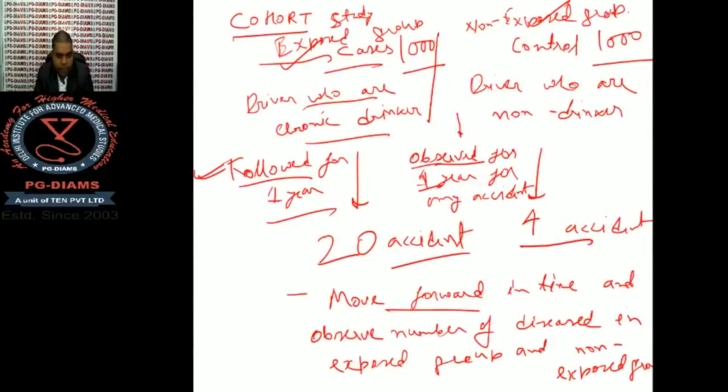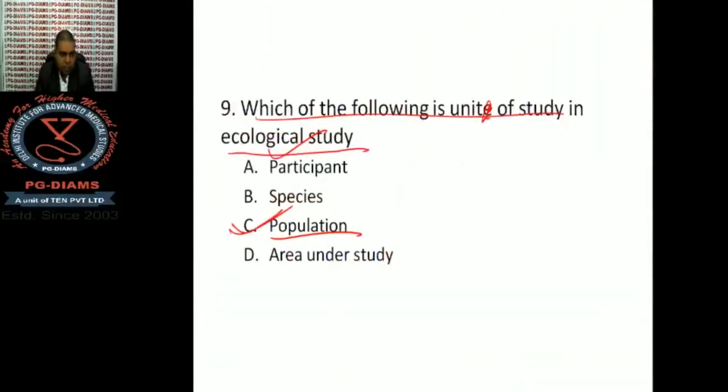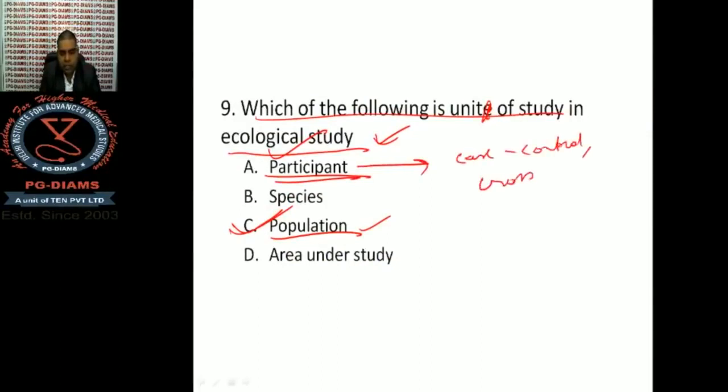So the question which was there was, which of the following is the unit of study in ecological study? The answer was population, and participant is the unit of study in case control, cross-sectional and cohort.